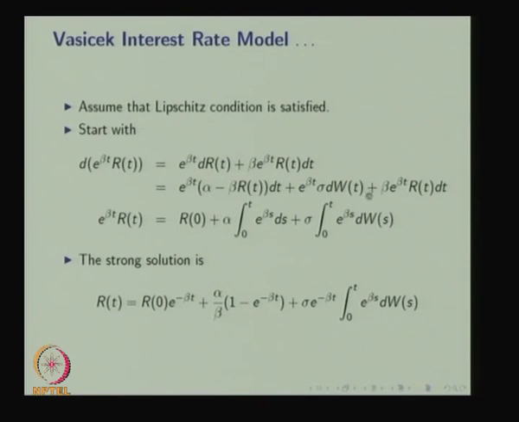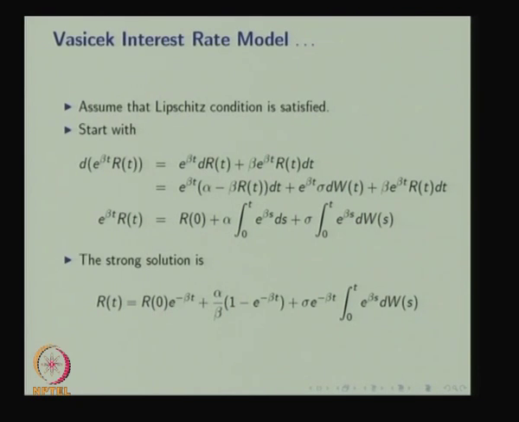This is an Ito integral, but the integrand is a non-random function of time. Therefore, this is a strong solution for the given stochastic differential equation. Therefore, r of t will be r of 0 e power minus beta t plus this term and the last term. This is an Ito integral, but the integrand is a non-random function.